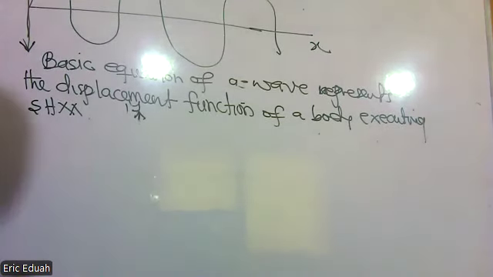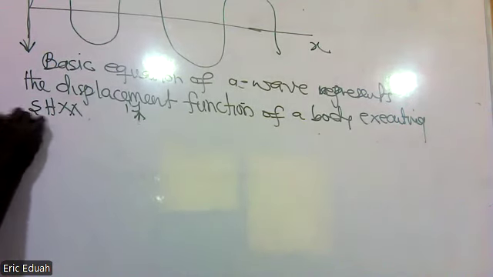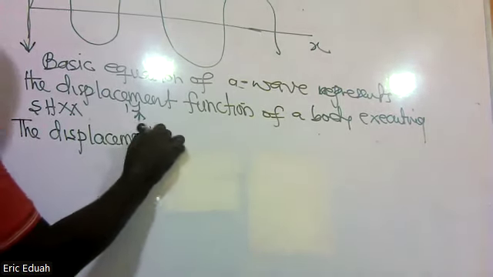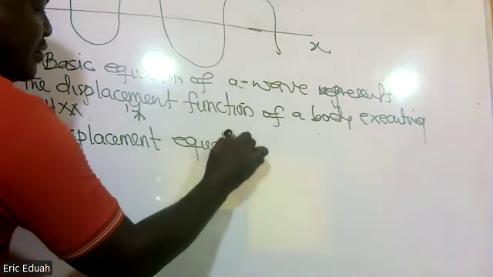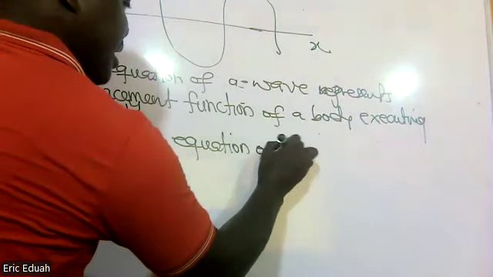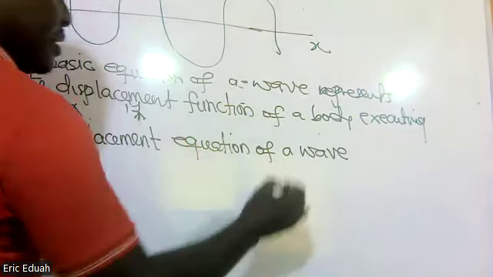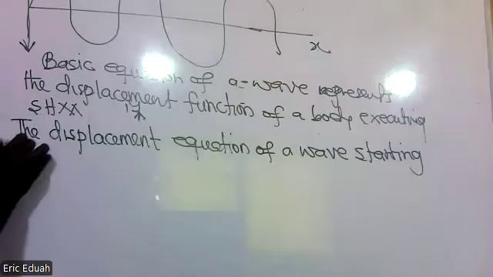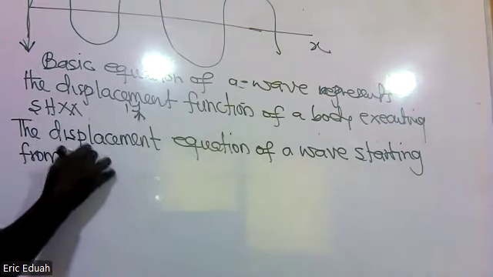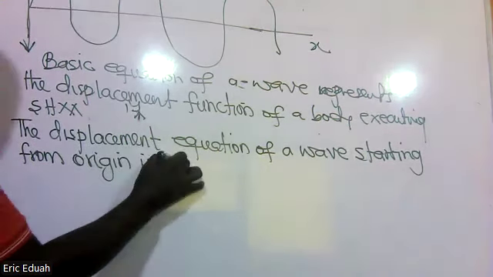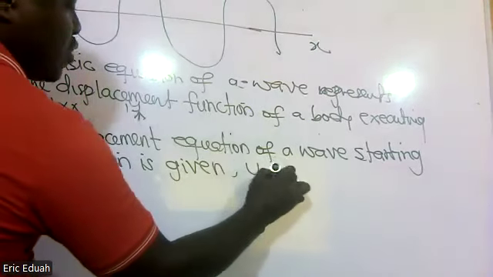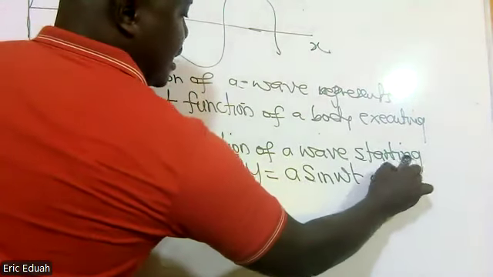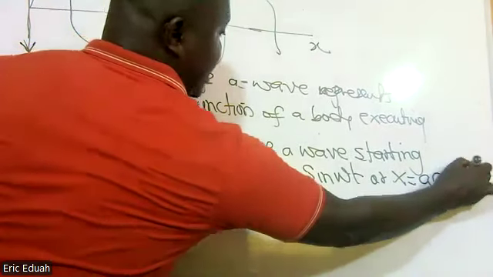So the displacement equation of a wave starting from the origin, or vibrating from the origin, is giving us either y is equal to A sine omega t or x is equal to A cos omega t.